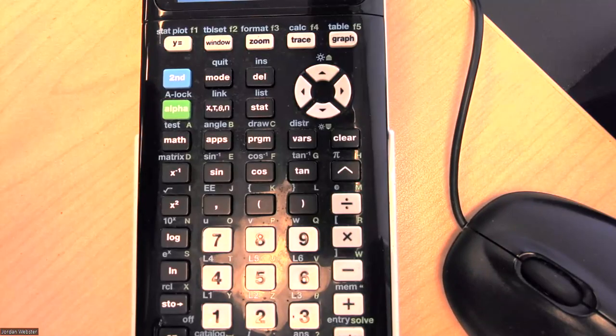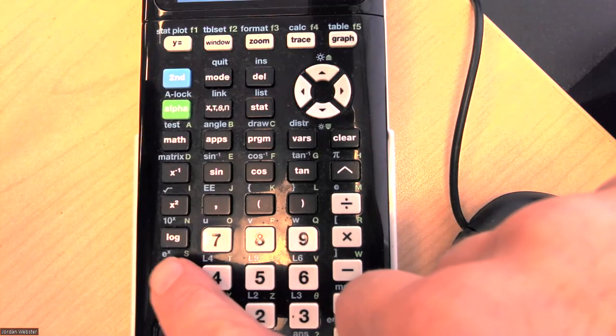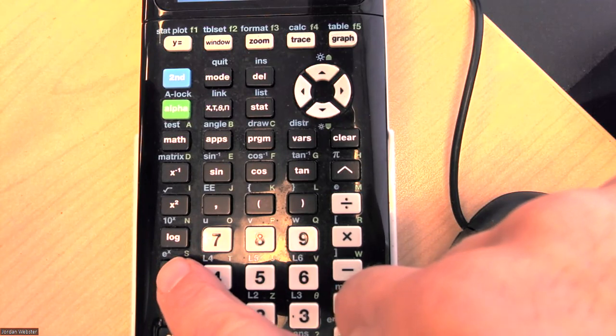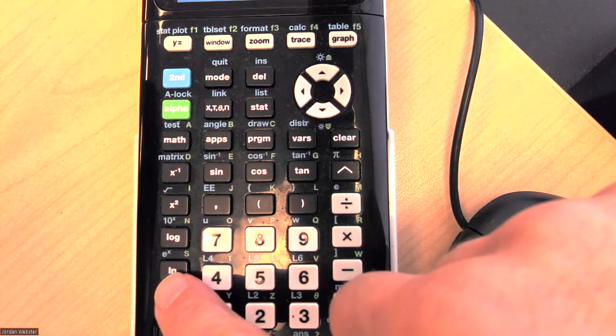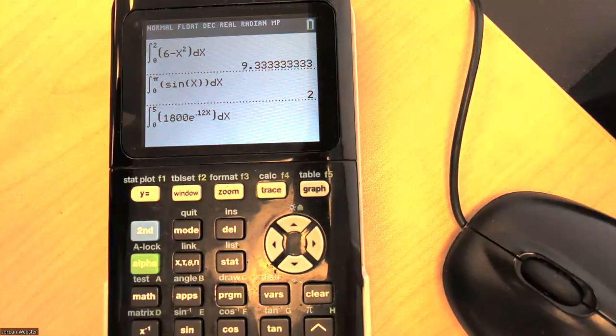All right, so the e to a power button is second, and then right here on the calculator, on this left-hand side. So it's second and then the natural log key. I've already typed it in, integrating from 0 to 5, 1800 e to the power 0.12x.